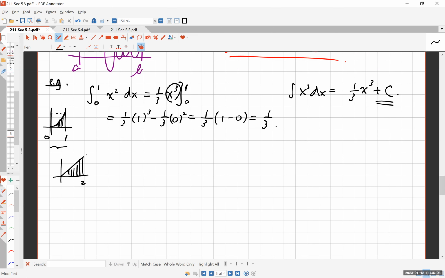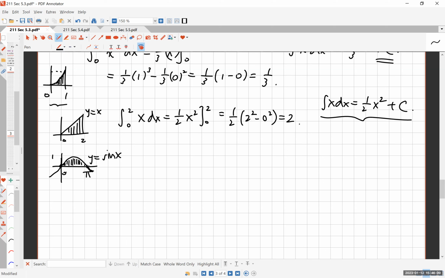Okay, sine function. This is a smooth curve, from 0 to pi. Sine of pi is 0. So we are talking about this one mound or one hill from 0 up to 1 down to 0 as x goes from 0 to pi. What do you think the area under the curve of this function from 0 to pi is?